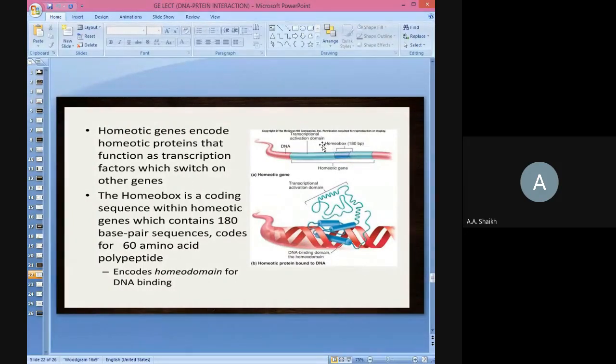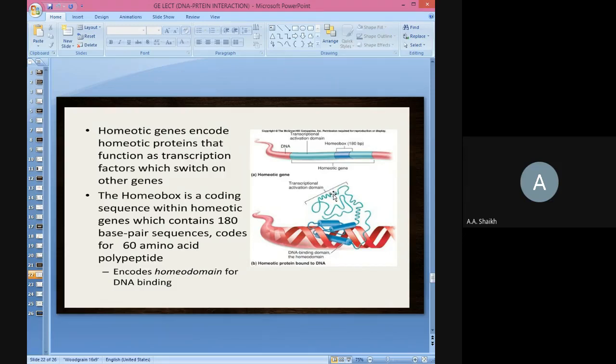That complete sequence is called the homeobox. The homeotic gene has various different types of activation domains working as a transcription factor. Homeotic proteins are there, and in this complete homeotic gene there is a region, a sequence, called the homeobox, and this homeobox is 180 base pairs in size.